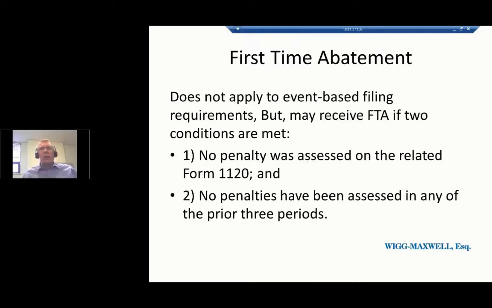So normally you could not get first-time relief for failure to file or late filing, but you can in connection with the 5471. There's particular relief. I think it's probably connected to the fact that these automatic penalties are being generated, that you have the ability to get first-time relief. So take a look at that.